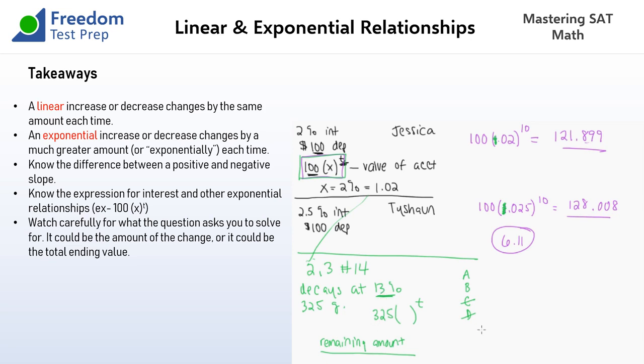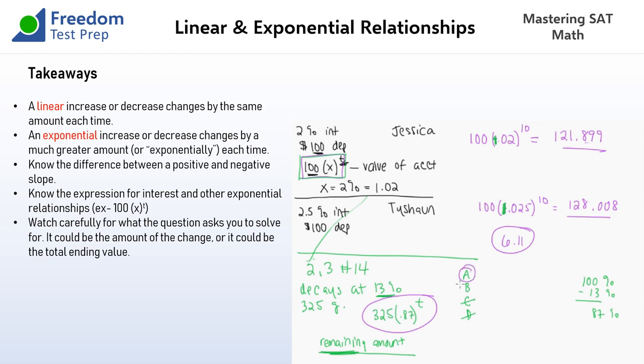So if we start with, let's say, 100%, since we're dealing with percent, and it decays at 13%, what is left is 87%. The remaining amount is 87%. So that's what we want in here. That is our answer right here, and that, my friend, is A.